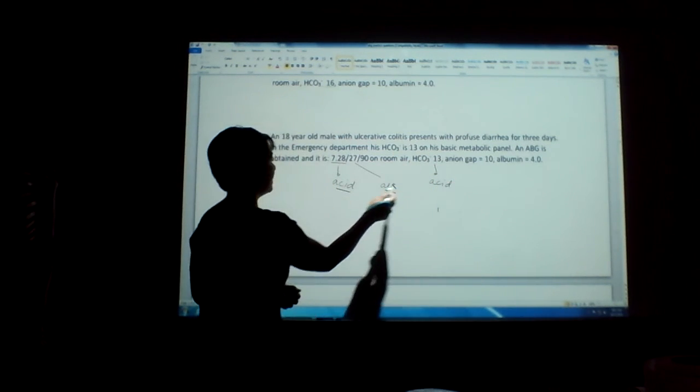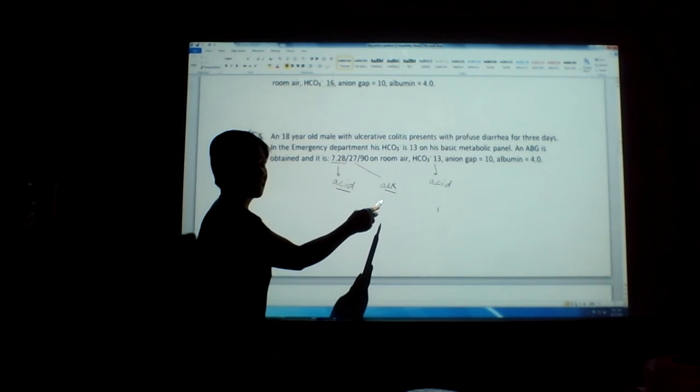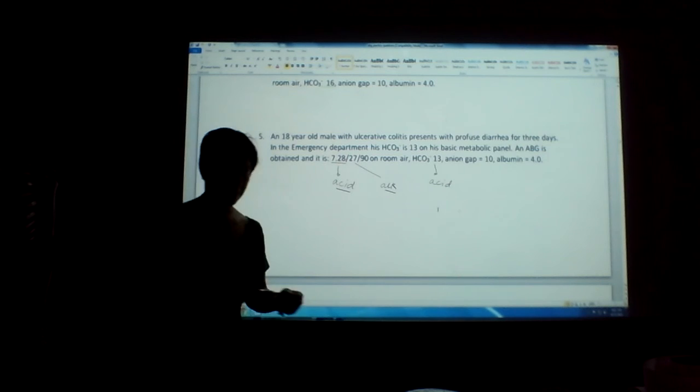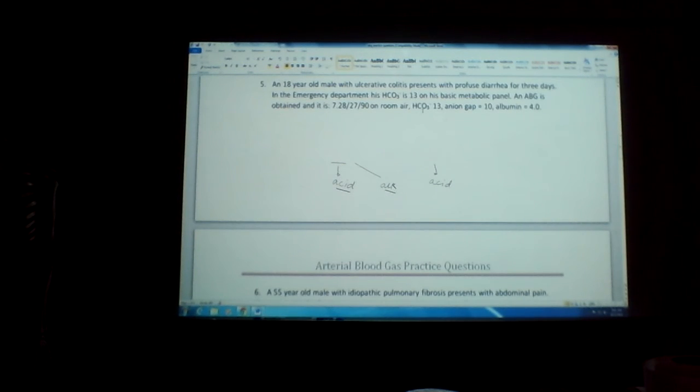So it's obviously metabolic acidosis compensating. Okay? So what is that last measurement? The 90? That's the O2 sat, oxygen saturation. Oh, okay. Yeah.